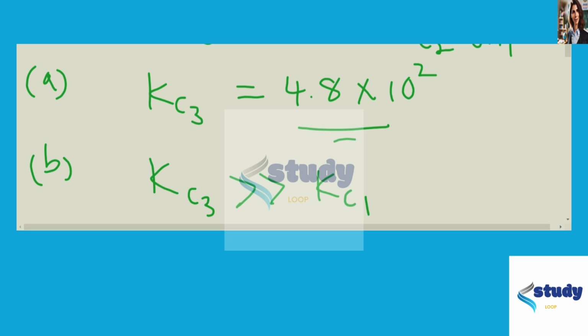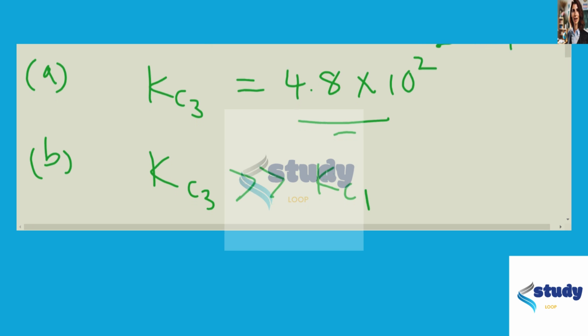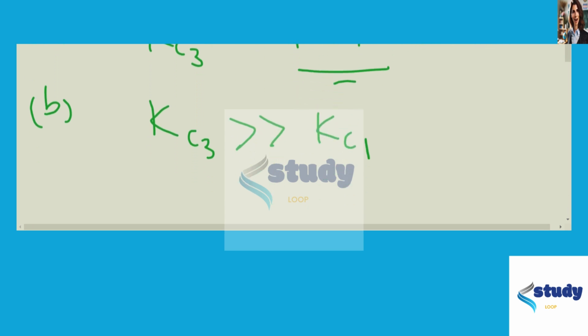So the forward reaction of the third reaction is the reduction of cobalt oxide using carbon monoxide, and the forward reaction of the first reaction is the reduction of cobalt oxide using hydrogen. So if the reduction of cobalt oxide using carbon monoxide is more preferable, it means that carbon monoxide is a better reducing agent compared to hydrogen.